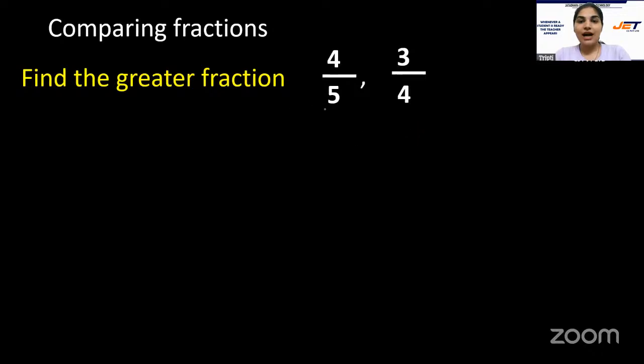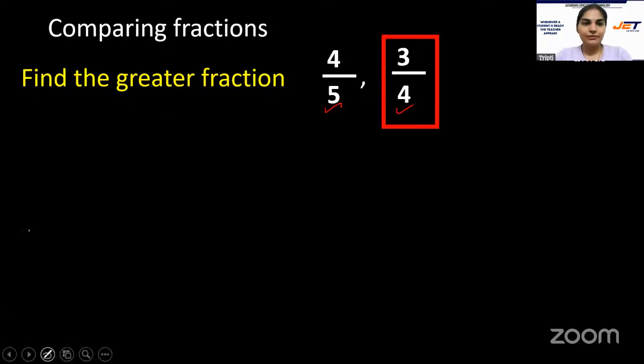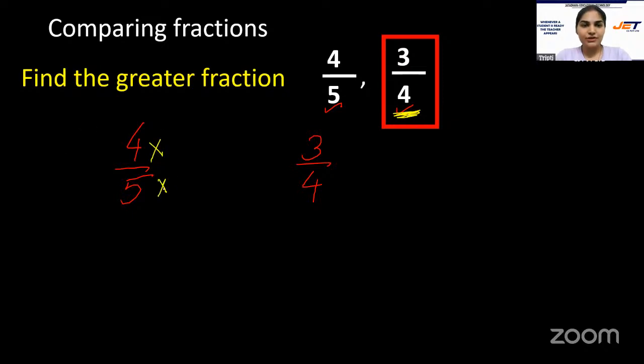Find the greater fraction. Again, the denominators are different. So, let's see. Okay, you got the answer, but let's see how to do it. 4 by 5 and 3 by 4. What I'll do, I'll multiply the denominator of the second fraction with the first fraction, and the denominator of the first fraction with the second fraction in order to get the denominator same.